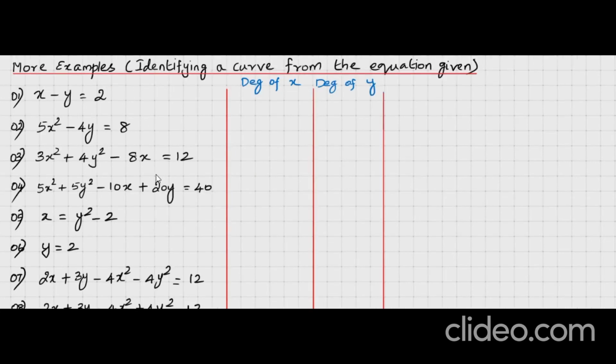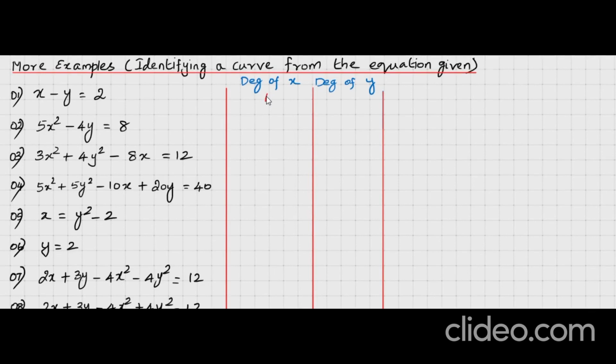In this, what is the degree of x? Again, the degree means the maximum power of that variable. Degree of x means the maximum power of x in this equation. Just 1.